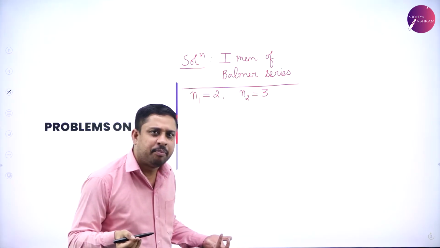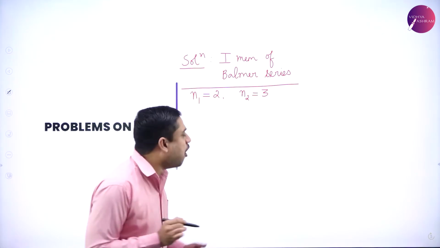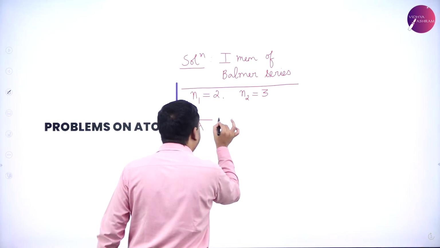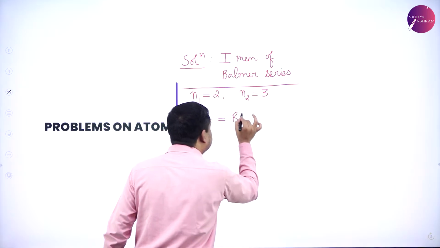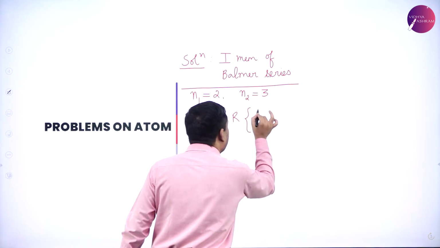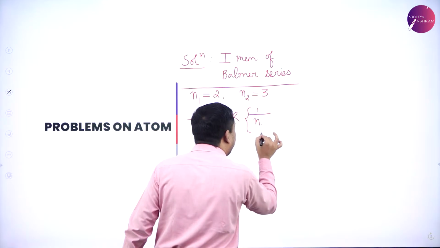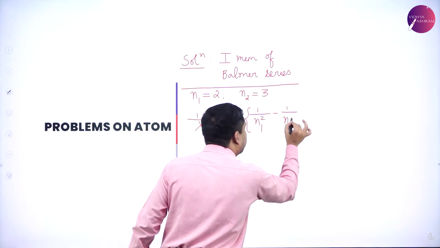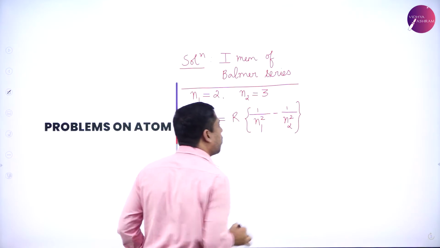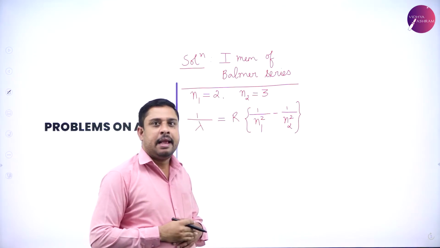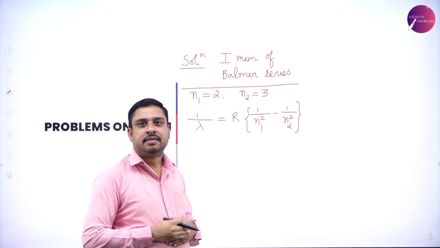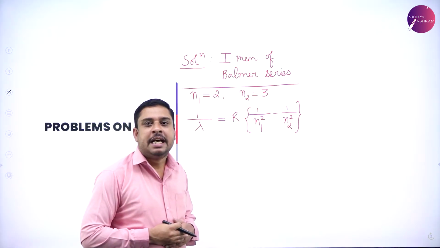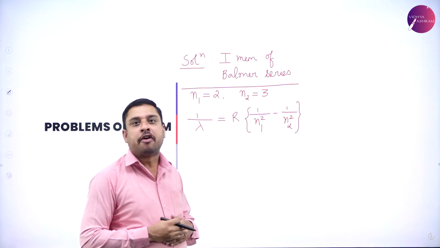Now the same empirical formula: 1 by lambda is R into 1 by N1 square minus 1 by N2 square. And as I have told, never substitute without writing the formula.